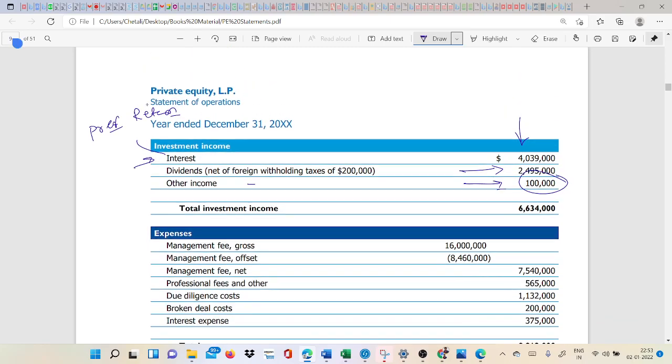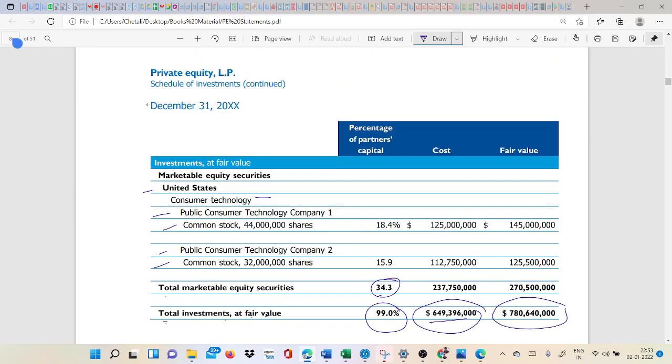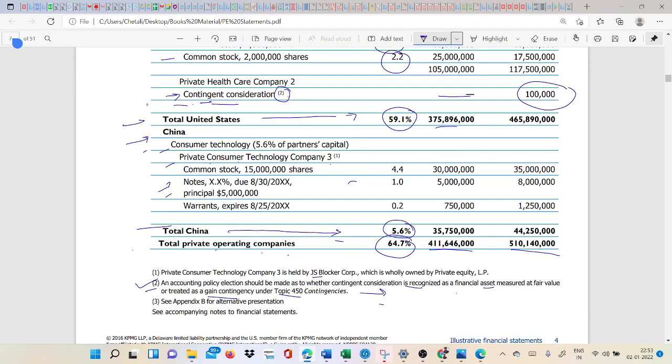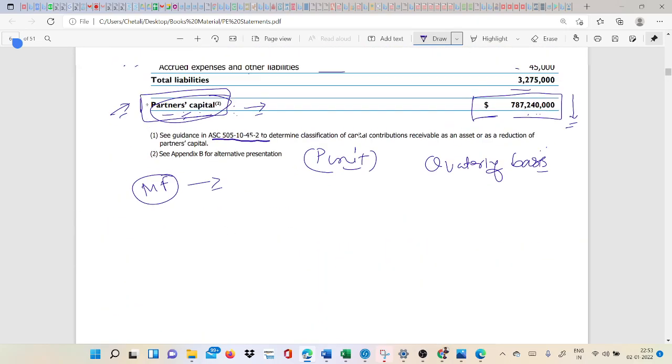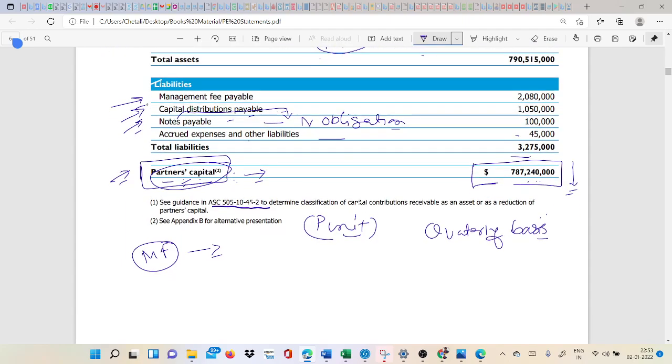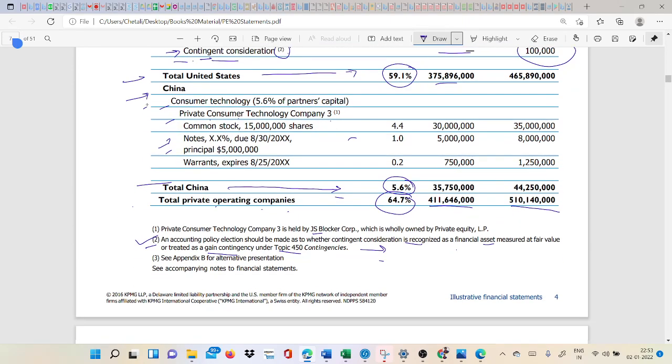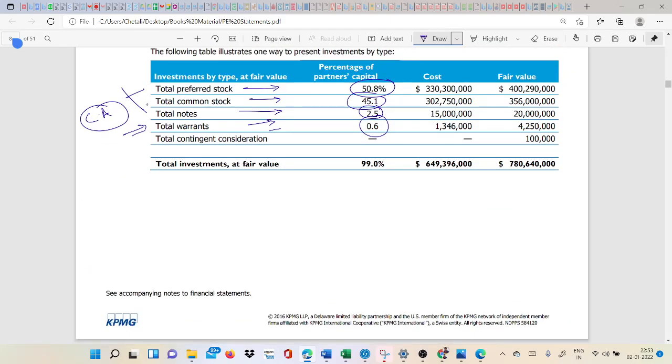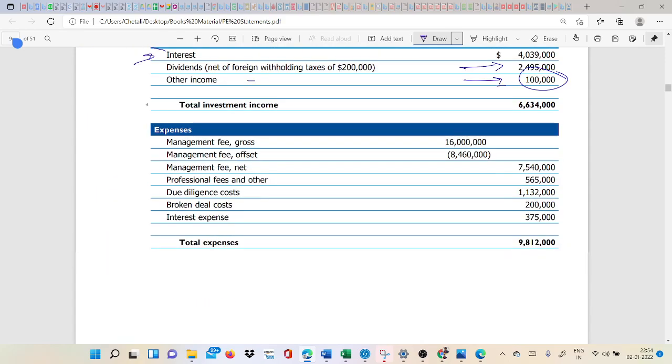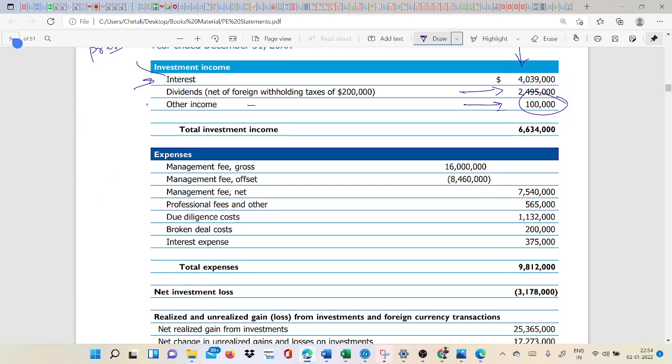And I think other income they took as this contingent consideration. They have received any other income, so that is what they took as a consideration income. Total income.